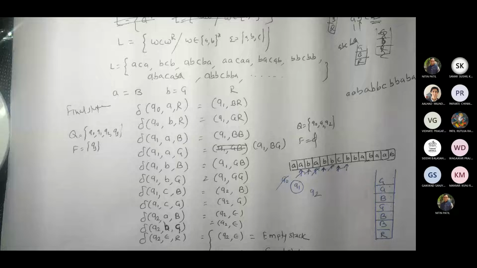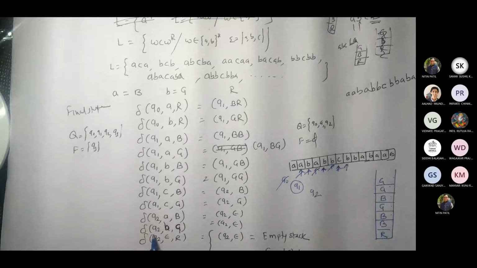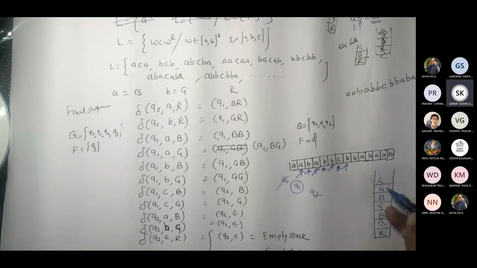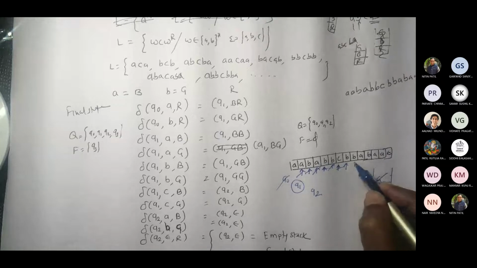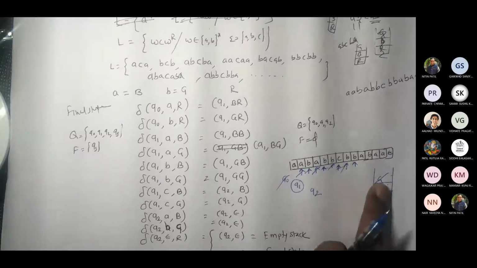What is the next plan? So do we have to apply this Q2 BG? Yes, sir. So what will happen? Pop G. We will pop G. So we are moving to the next. We popped.